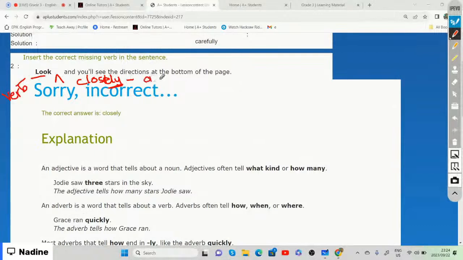Closely is an adverb. So how should I look? You should look closely. So this is an adverb that tells us how you need to look. You need to look closely at the bottom of the page in order to see the directions.